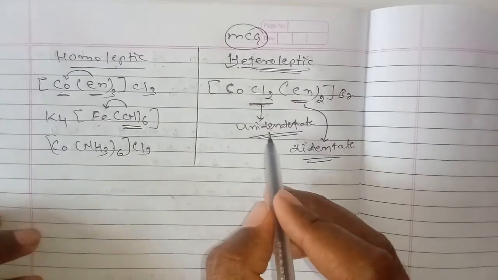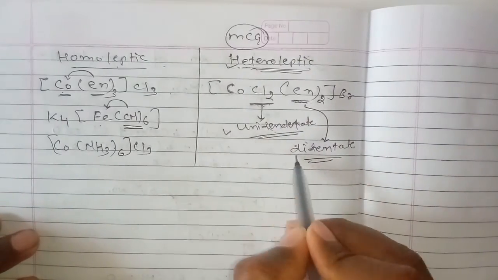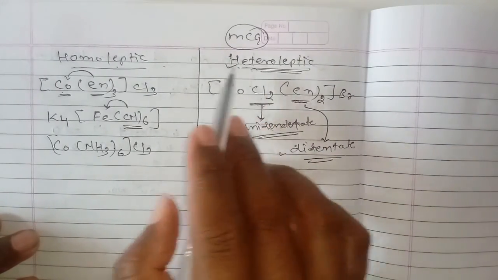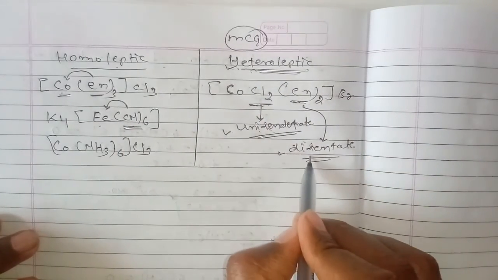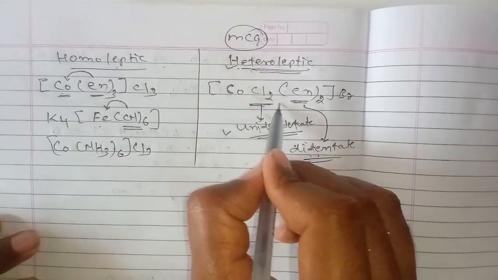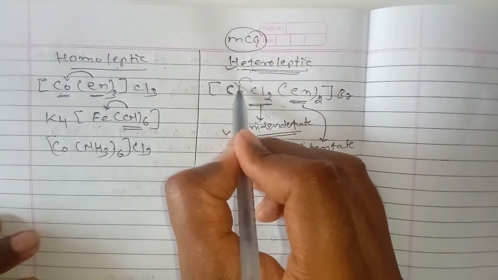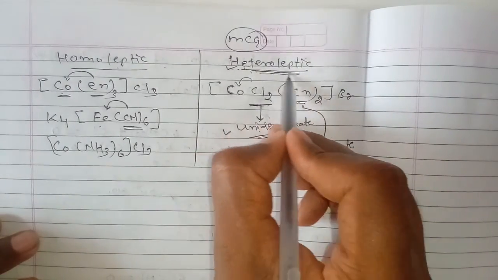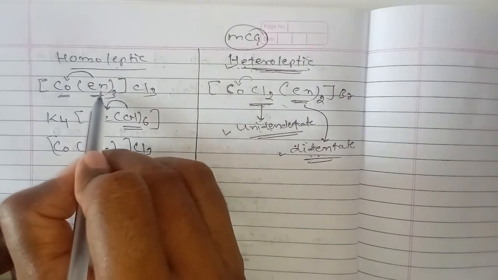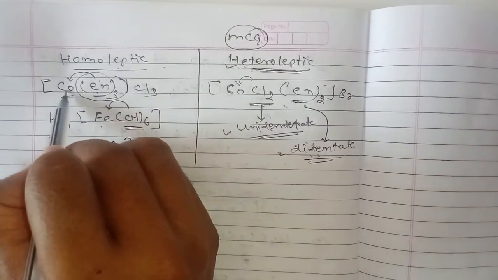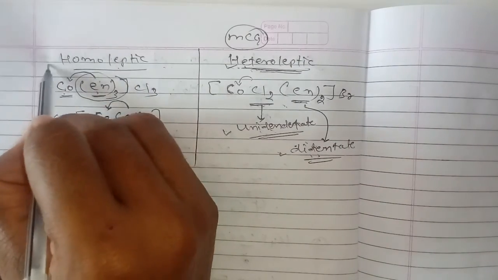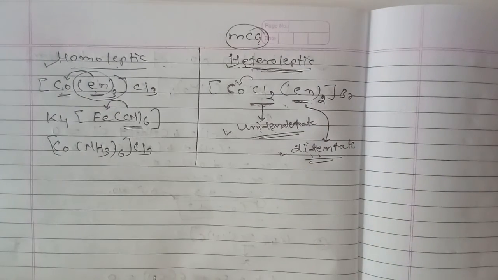So here the basic difference between the two complexes, here the unidentate and didentate ligands which is bound to the central metal atom, so that's why it is called heteroleptic. And here the same kind of ligand bound to the central metal atom, so it is homoleptic.